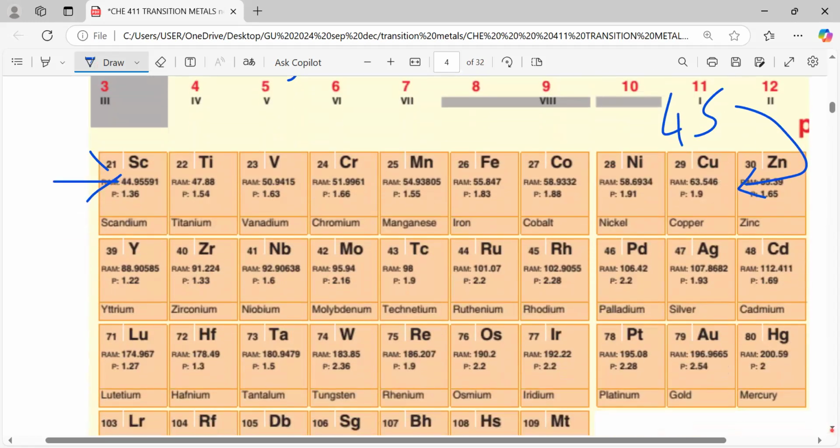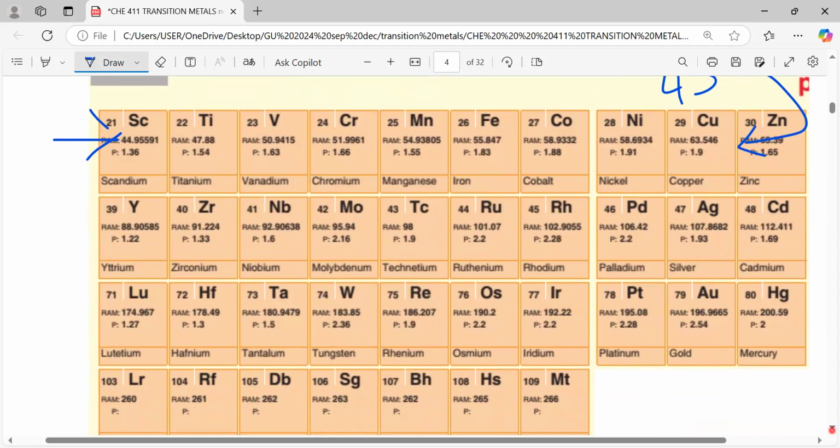In other words, we should be able to write the outer orbitals of transition metals. The outer orbitals are the most important. We don't mind so much about the order in which you write 4s, 4s2, 3d.